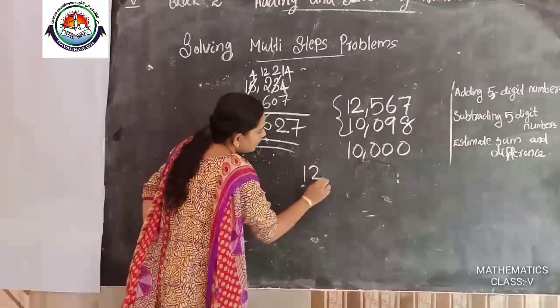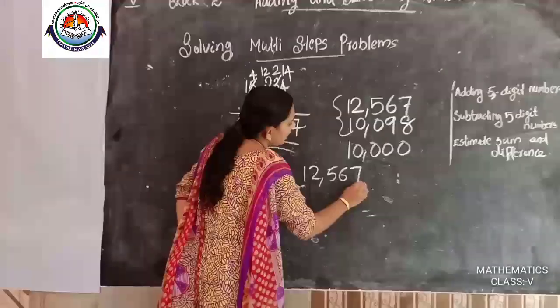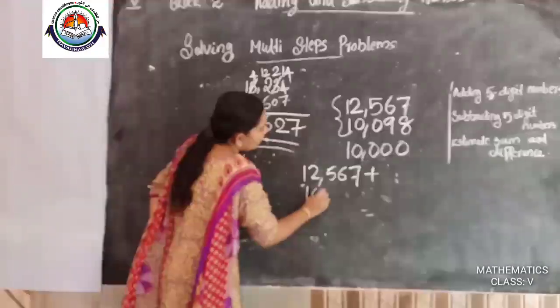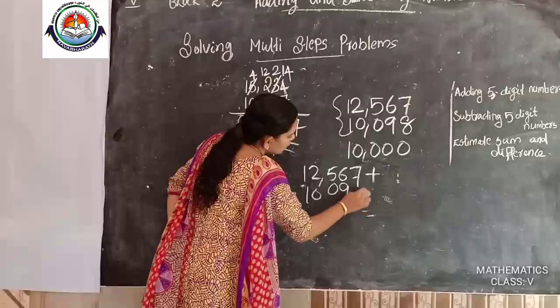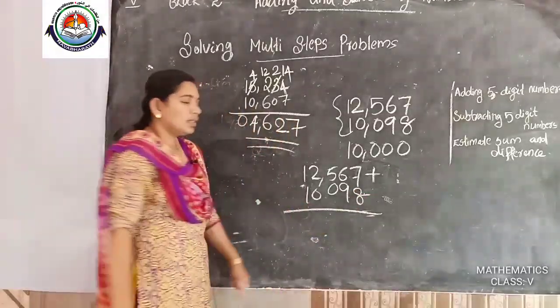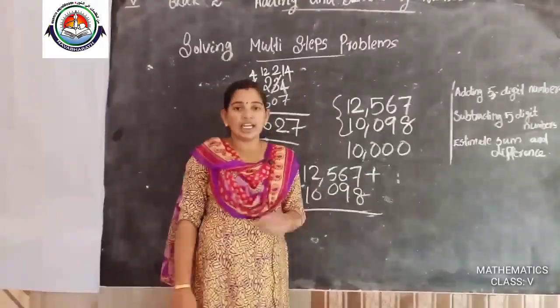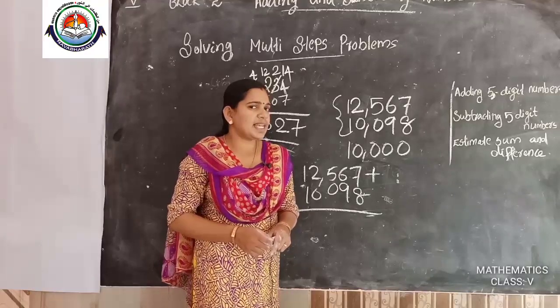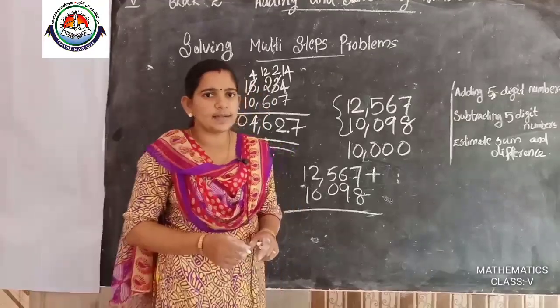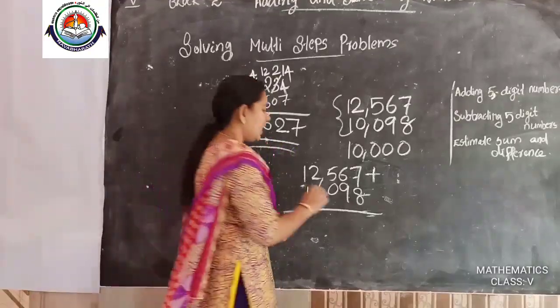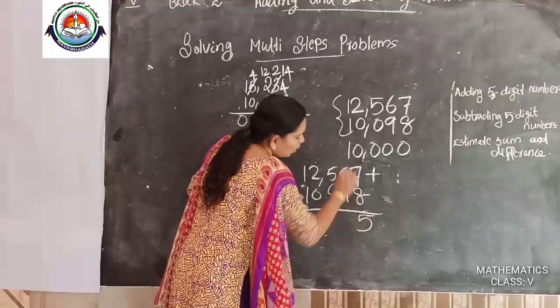Then 12,567 plus 10,098. 7 plus 8. What is the value of 7 plus 8? Yes, 15. We write 5 here, 1 is carried.